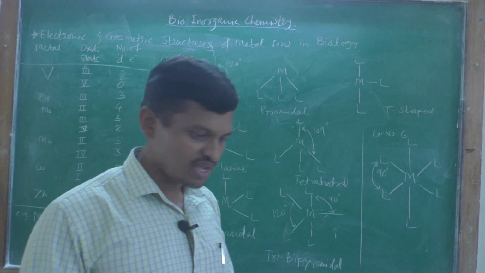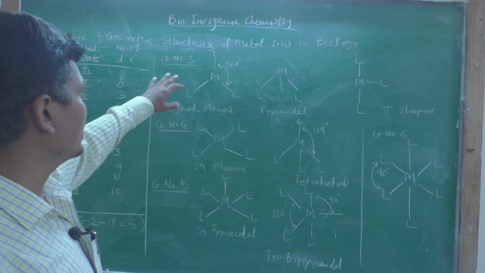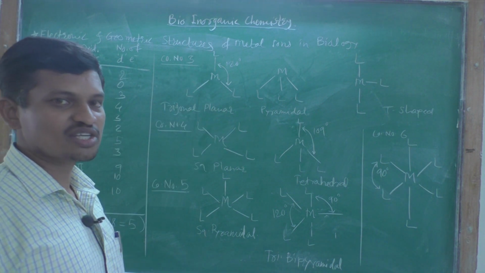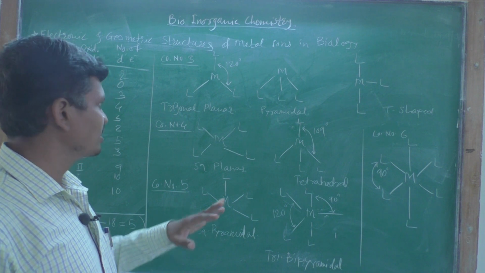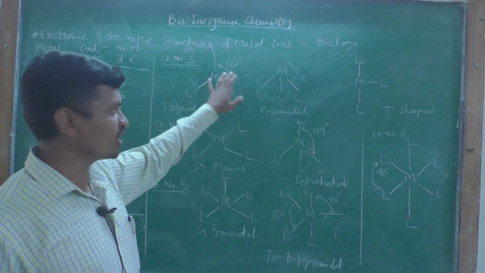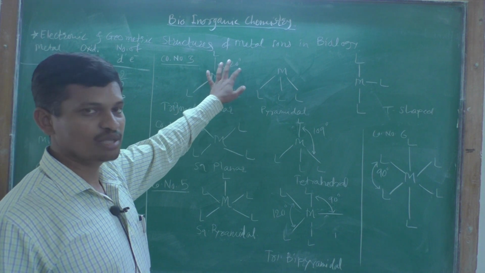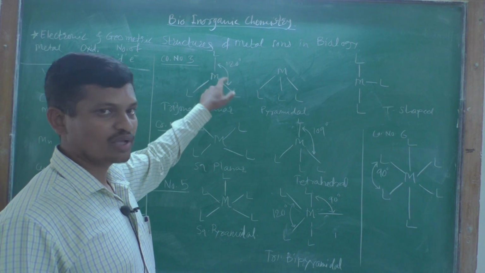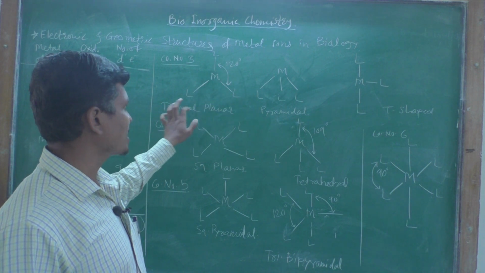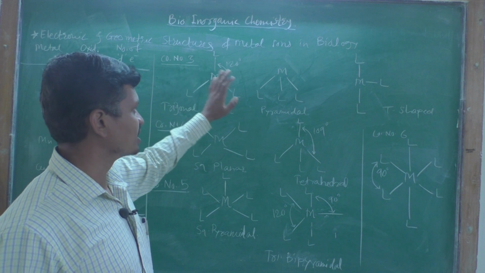When the coordination number of the central metal ion is 3, the possible structures are three, and the first is trigonal planar, where the ML bond angle is 120 degrees.